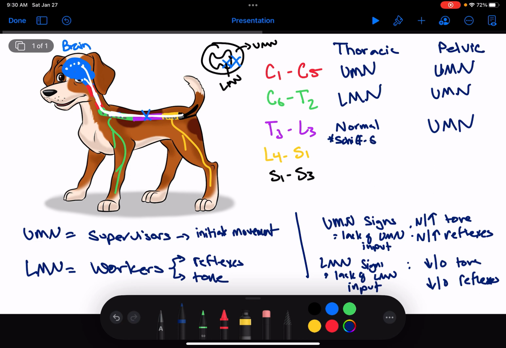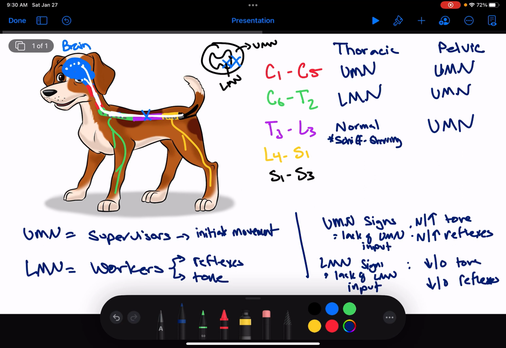Now, let's talk about one situation, and that is called Schiff-Sherrington. Schiff-Sherrington results from the fact that we have some middle management who wants to get involved between these workers and our upper motor neurons. These middle management team members live at L1, L2, L3, L4, L5. They're called border cells.